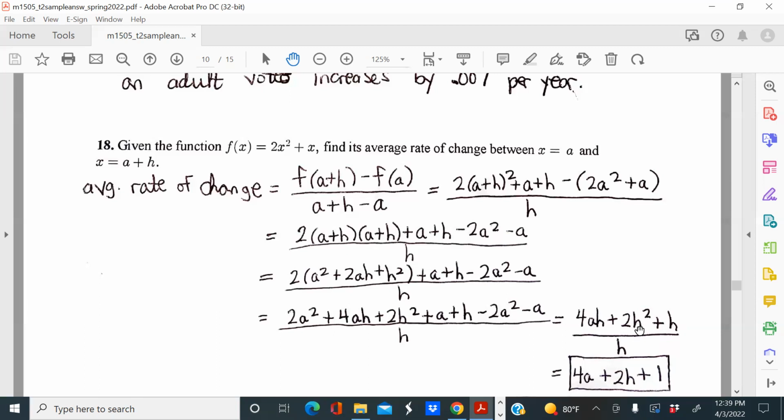One of these h's will divide out. This is h squared, so only one of them will divide out. So you get left with 2h. And then finally, last here, h over h, this h divides out and leaves you with 1. Not with 0, but with 1, right? h divided by h is 1. So there's our last answer then, our final simplified result. It's just 4a plus 2h plus 1.